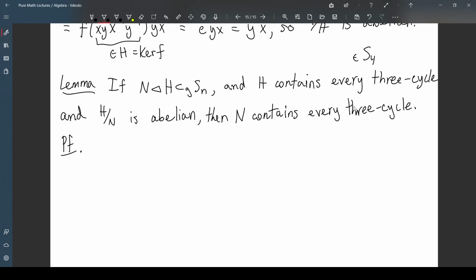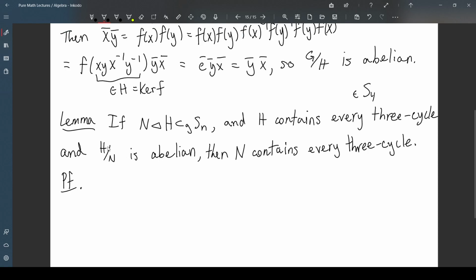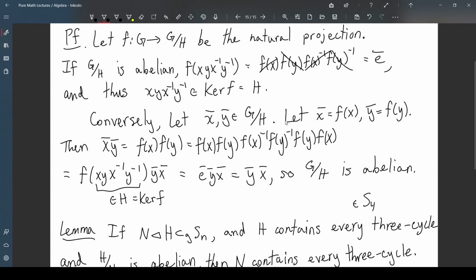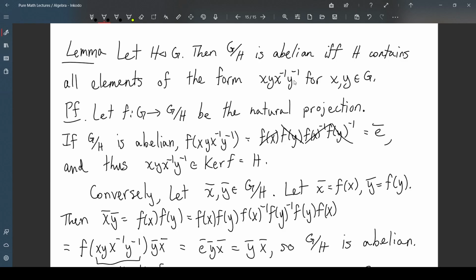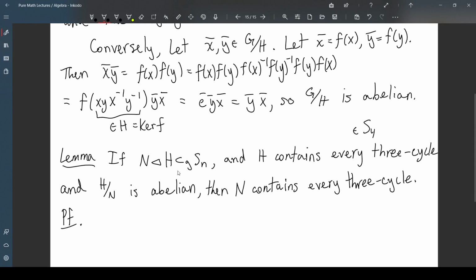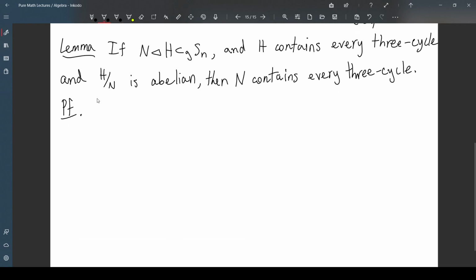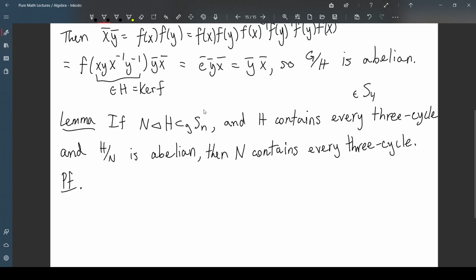Okay, and so essentially the idea is that we know that H by N is abelian, okay, and H contains every 3-cycle. So the goal is to show that the commutator of 3-cycles is a 3-cycle, because we know by our lemma that if H by N is abelian, N contains every commutator of elements in H. So if the commutator of 3-cycles is a 3-cycle, then N contains every 3-cycle. Oh, and I should mention here that n is greater than or equal to 5 in this lemma.